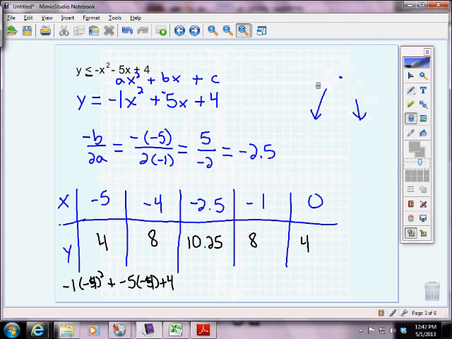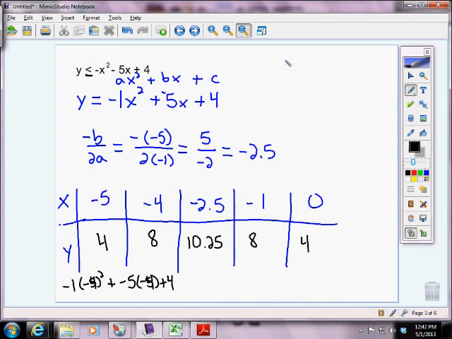So what you're going to do is go back to your original, right here, and test the point 0, 0. Okay, so I'm going to use 0, 0 because it's not on the parabola. And I'm going to say, is 0 less than or equal to negative 0 squared minus 5 times 0 plus 4?